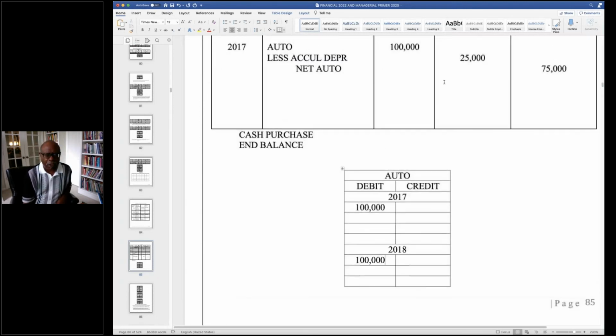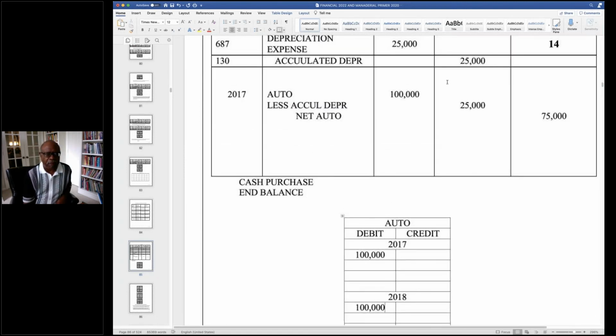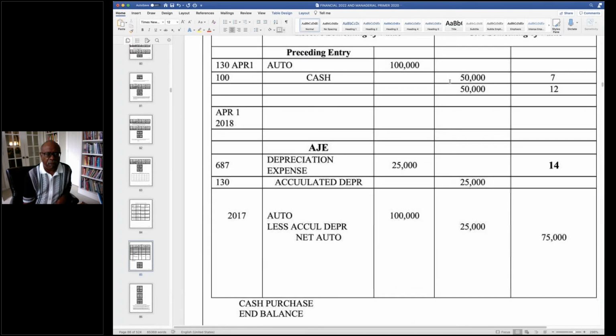Now we got to make an adjusting entry. So the depreciation expense will be 25,000 debited. Then the accumulated depreciation will be credited at 25,000.